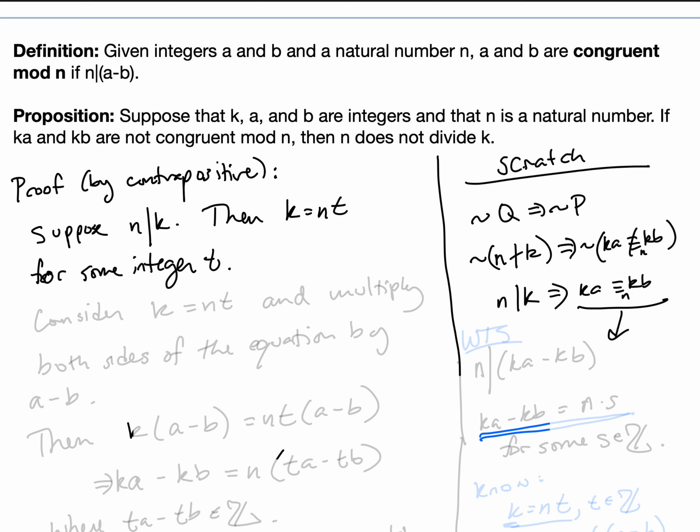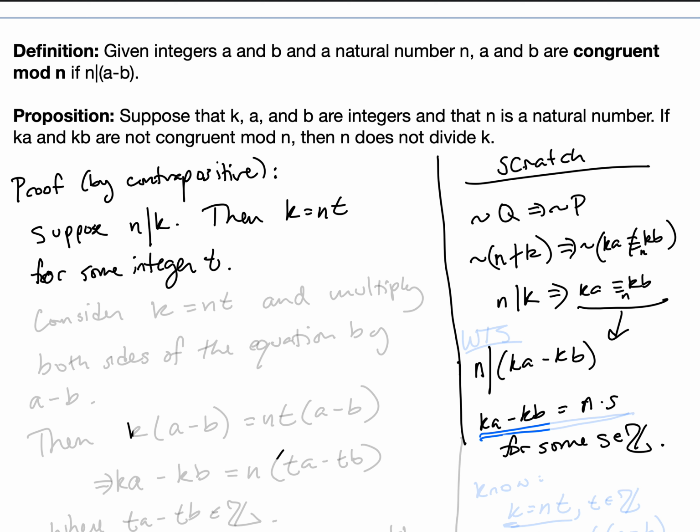So what's the definition of ka being congruent to kb mod n? That's true if and only if by definition n divides ka minus kb. And when would that be true? That would be true if ka minus kb is equal to n times s for some integer s.